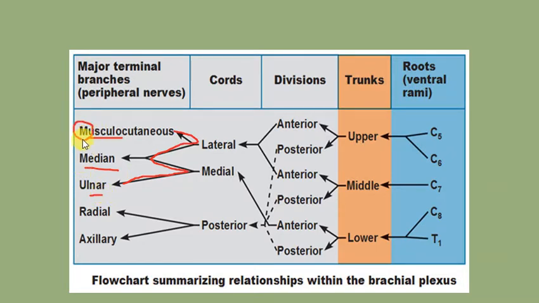Musculocutaneous starts with M. But there is also an easier way to memorize: median is also middle, at the middle of this M. So musculocutaneous at the start of the M, median, then ulnar, because the posterior cord forms the radial and axillary.